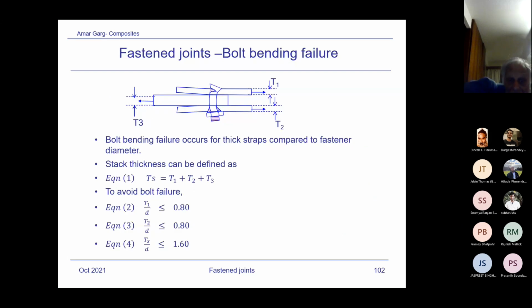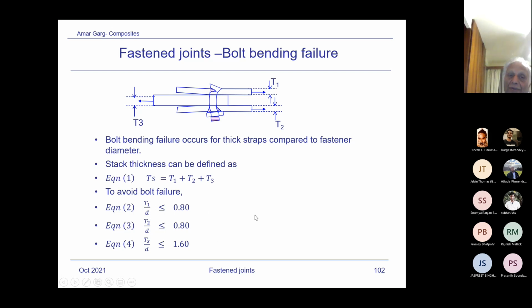Fastener joints, bolt bending failure. Now, for bolt bending failure, I have not provided any method in this slide, but if you wait, I've tried to discuss the bolt bending calculation because that's very important. Here in this slide, I just tried to show the restrictions. We must design the joint to avoid this failure with T1 by D less than 0.8, T2 by D 0.8, and TS, that is total stack thickness, to be less than 1.6.